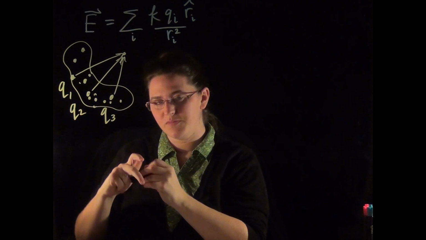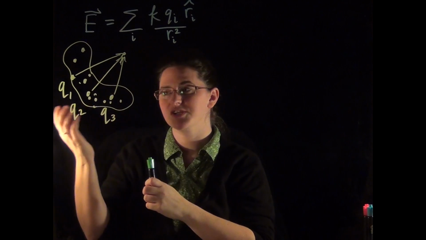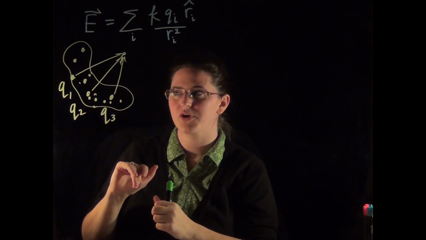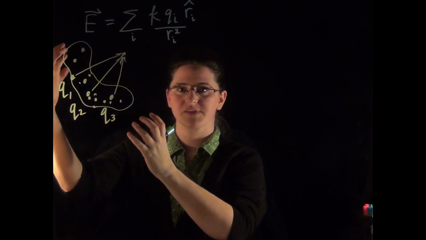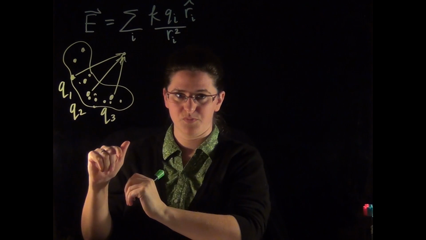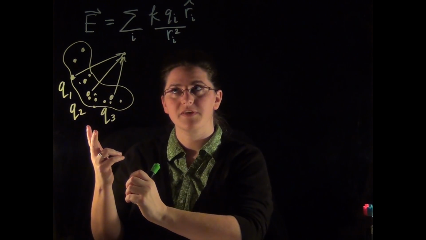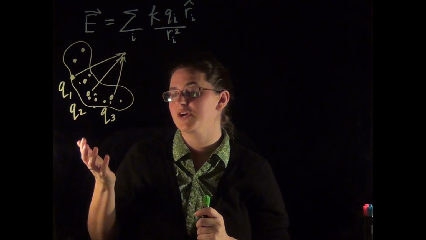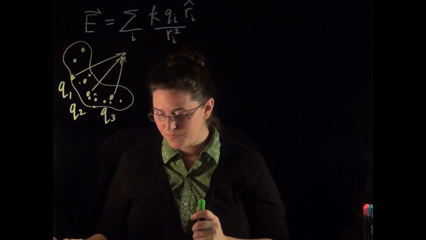In the same way that in mechanics we had continuous distributions of masses, once you had so many small mass particles that it was easier just to think of something as a large rigid object than a bunch of point masses. So we're going to do the same thing here with electric field. We want to find the electric field due to a continuous distribution of charge.